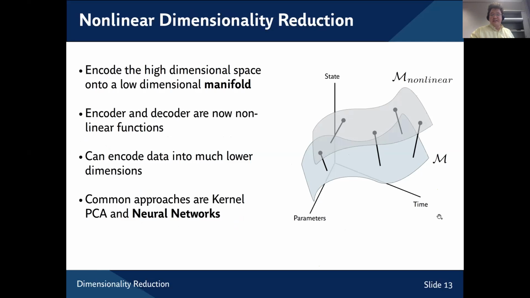That of course makes the encoder and decoder more complicated, but you can typically encode your state into a much lower dimensional manifold. Common approaches are methods such as kernel PCA, or neural networks, as I talk about in this presentation.